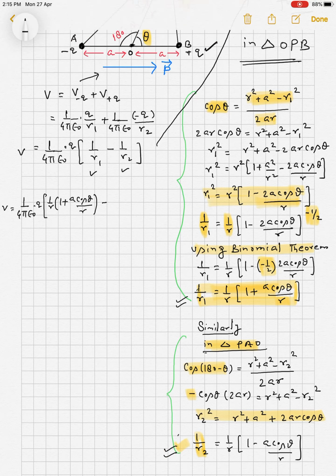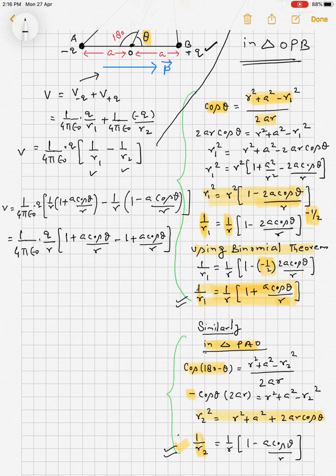Now taking 1 upon r common, so 1 upon 4 pi epsilon naught q into 1 upon r common, so inside the bracket we have 1 plus a cos theta upon r minus 1 plus a cos theta upon r. So this 1 is cancelled out. We have 1 upon 4 pi epsilon naught into q by r into 2a cos theta upon r.